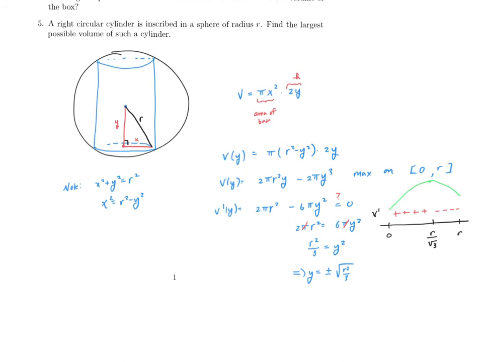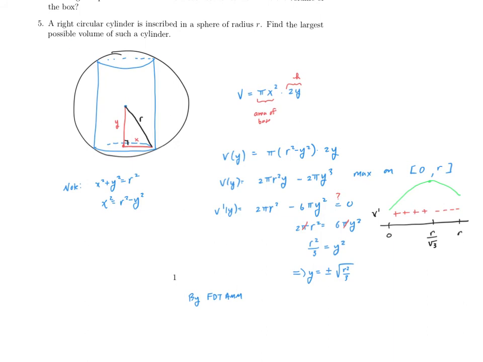So that critical point must correspond to an absolute maximum. So by the first derivative test for absolute max and mins, always justifying with this specific test that we are using, we are now ready to conclude on the largest possible volume.